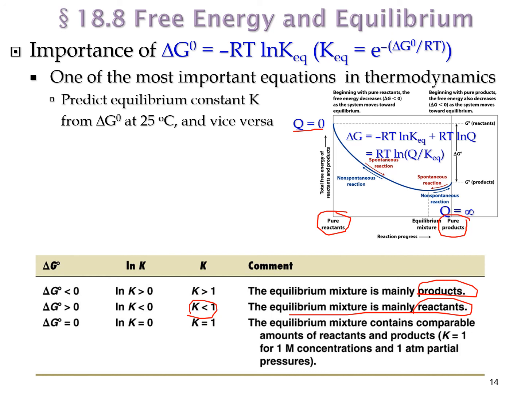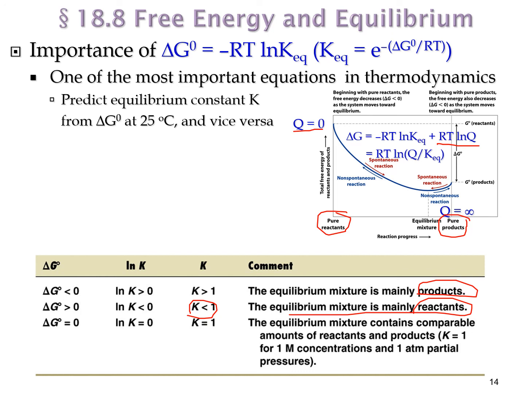If Q is infinity, this term becomes positive, a lot more positive than any negative value we can have from the first term. In this case, delta G is positive. If delta G is positive, the reverse reaction is favored, or spontaneous.